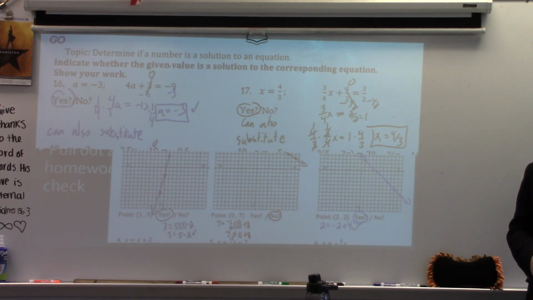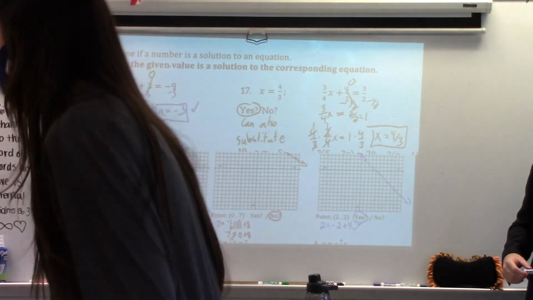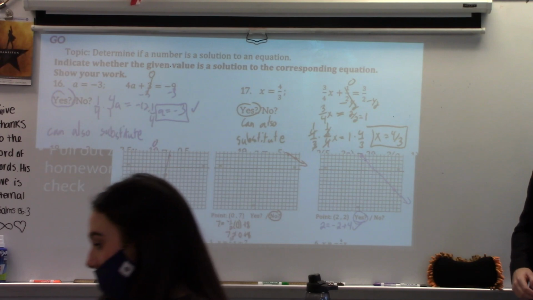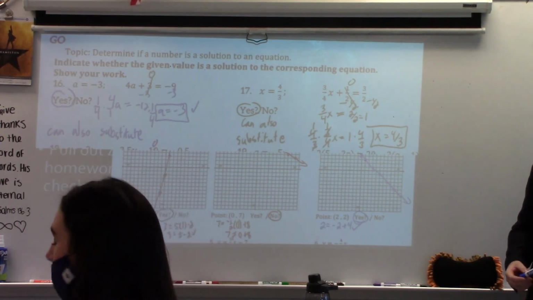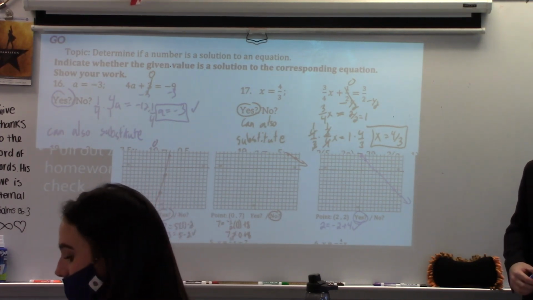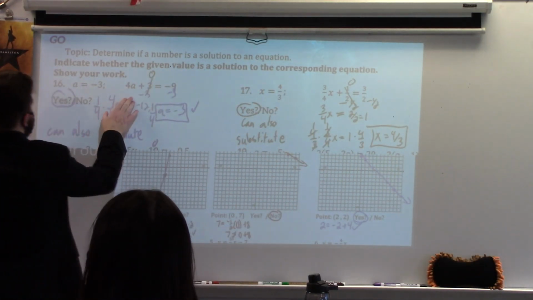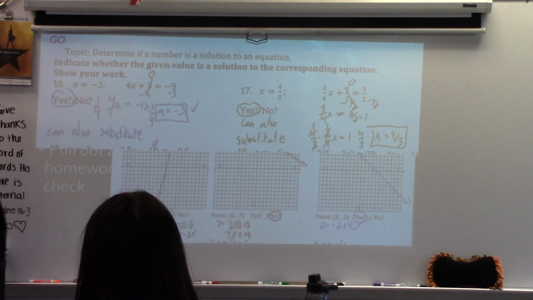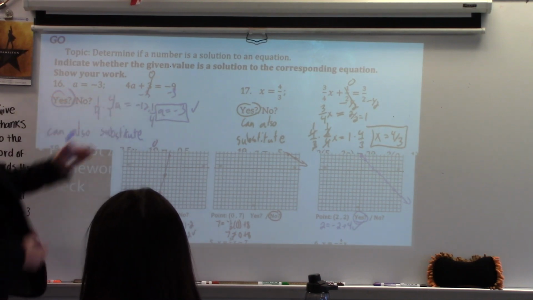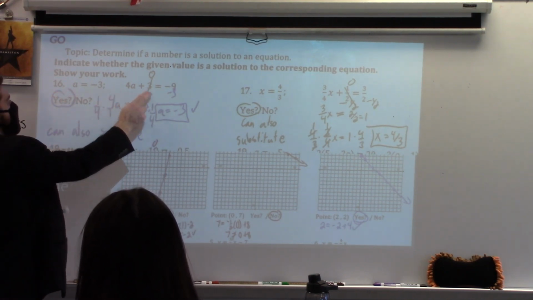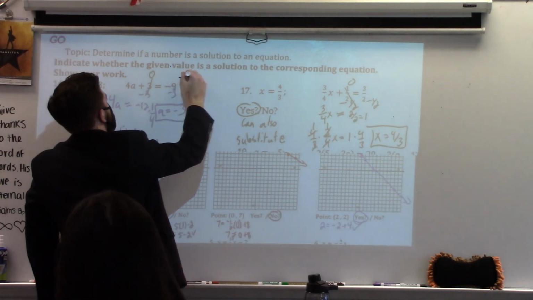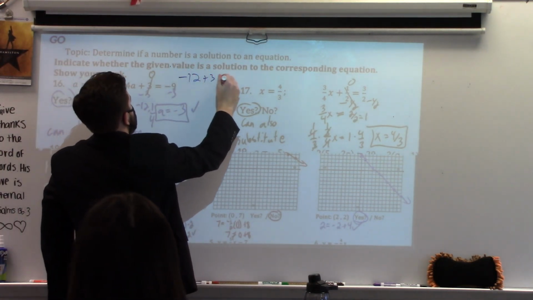Yeah, because you can multiply something to negative 3 to equal 9. I don't know. I'm still confused about it. So what we did here is we have 4a plus 3 equals negative 9. And when we substitute negative 3, it got us negative 12 plus 3 equals negative 9.